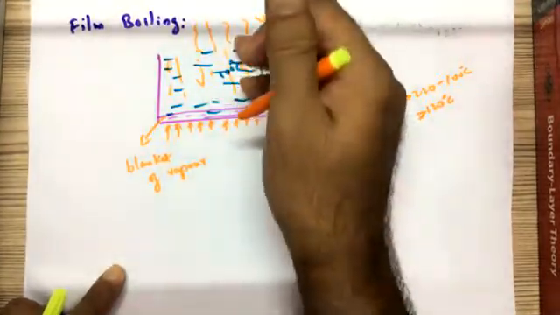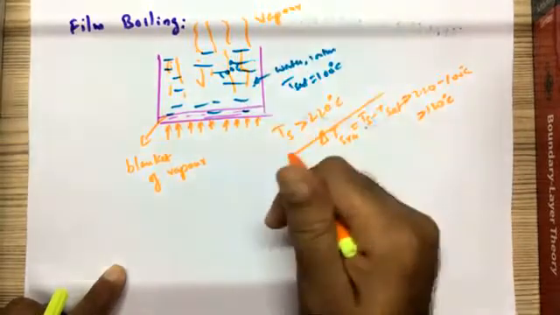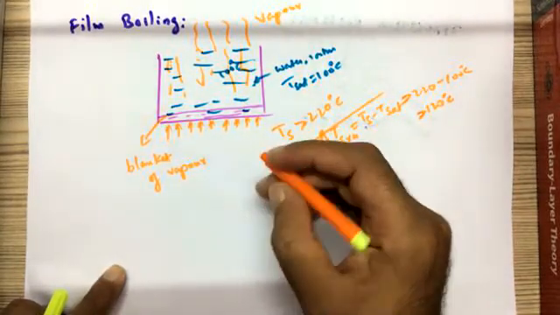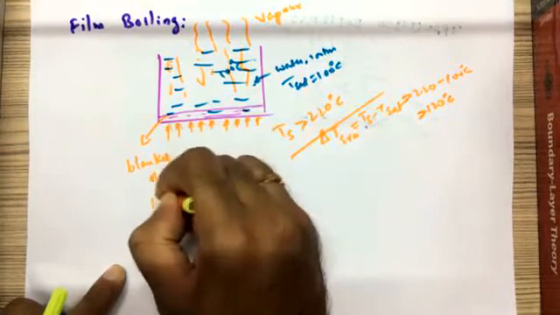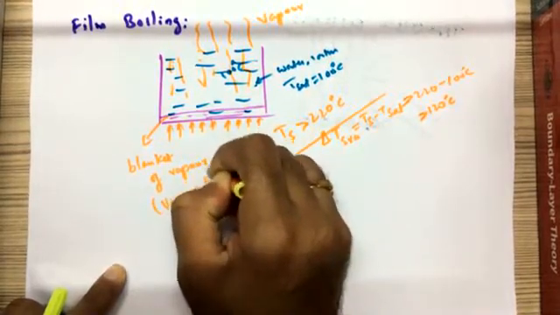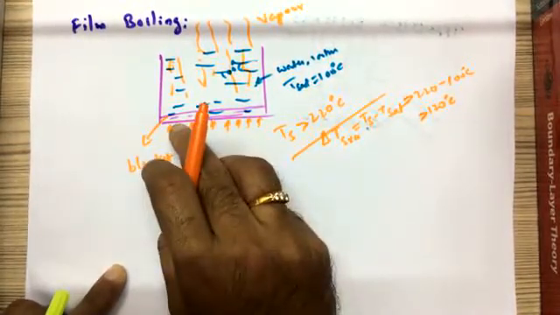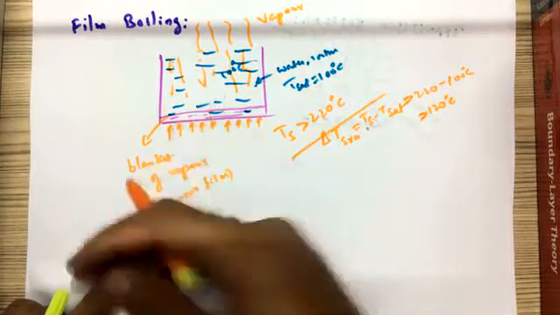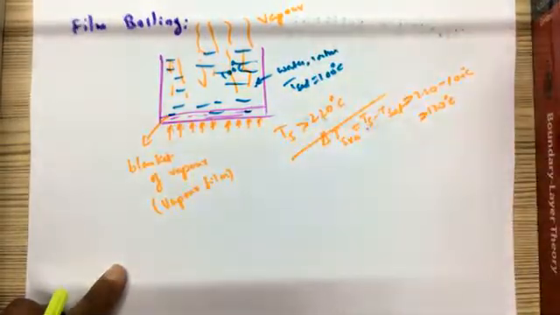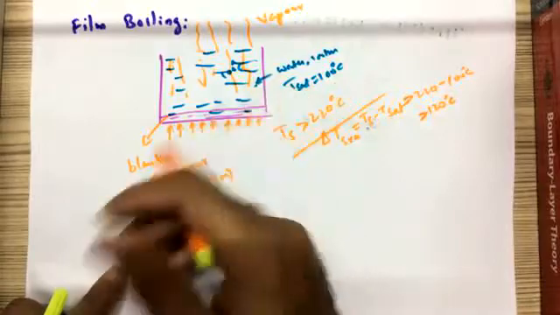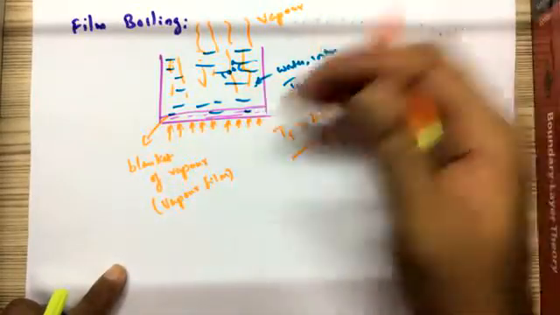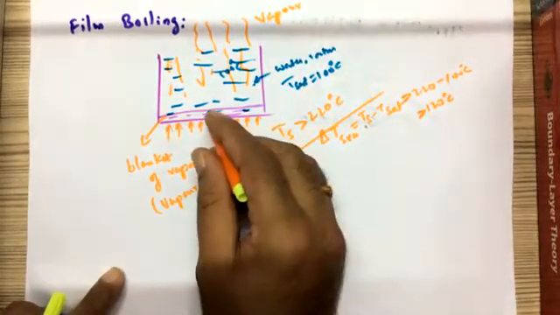Evaporation takes place at the liquid vapor interface. But what I mean to tell you is, they will form a vapor film. If the surface temperature is more than 220°C, if it goes on increasing, then you will see a vapor film.